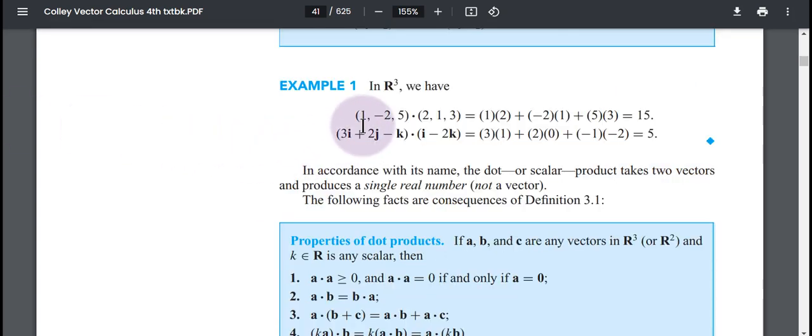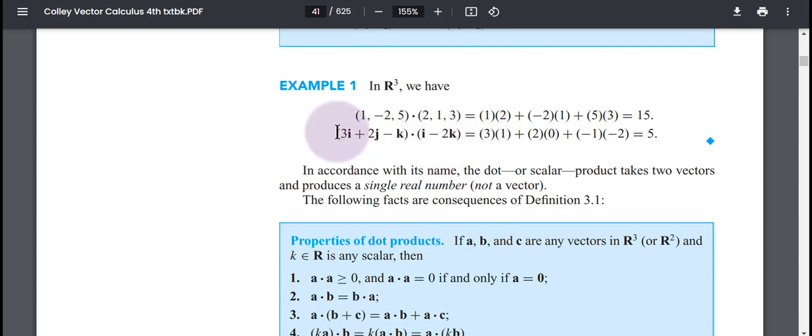So as an example, suppose we have this vector here and this vector here, and you do the math and you get 15. So the dot product of these two vectors is a number, the number 15. And here we just write a vector in a different way and a vector in a different way. Now notice this vector doesn't have a j component, but we assume that the j component is 0.